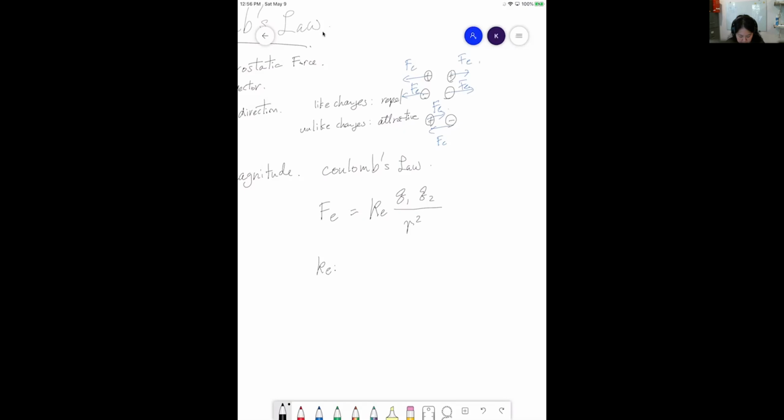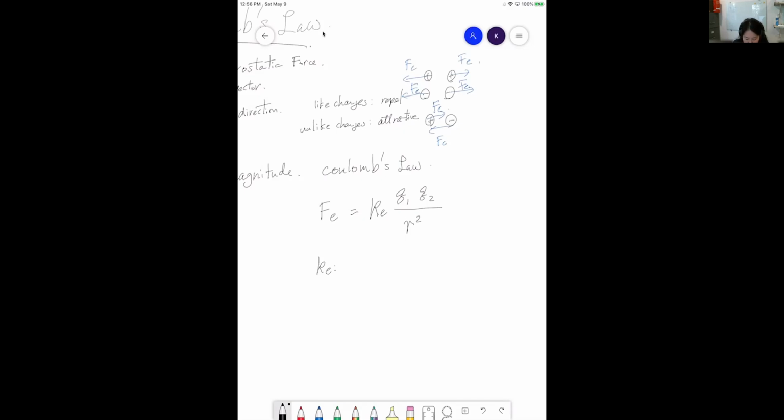So, let's see. This looks very similar to the gravitational force, when you have G, M1, M2 divided by R squared. Remember, G was the universal gravitational constant, 6.7 times 10 to the minus 11 newton meter squared per kilogram squared, right?